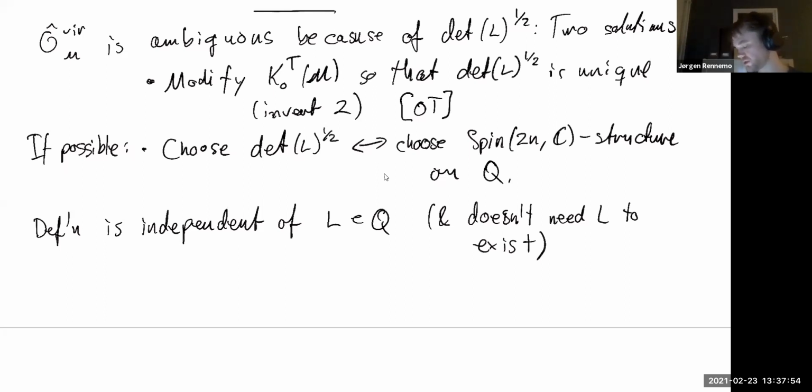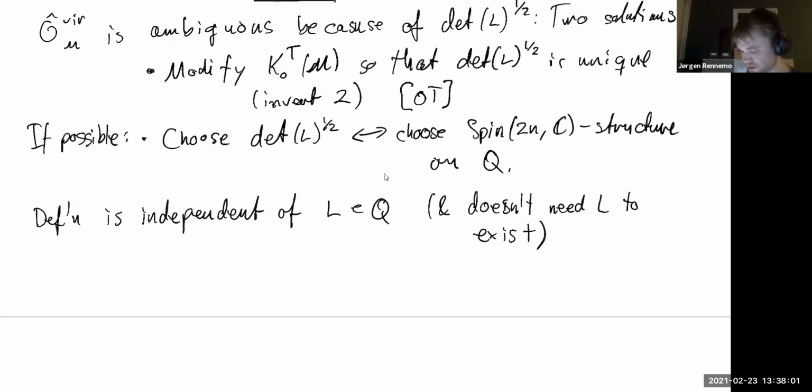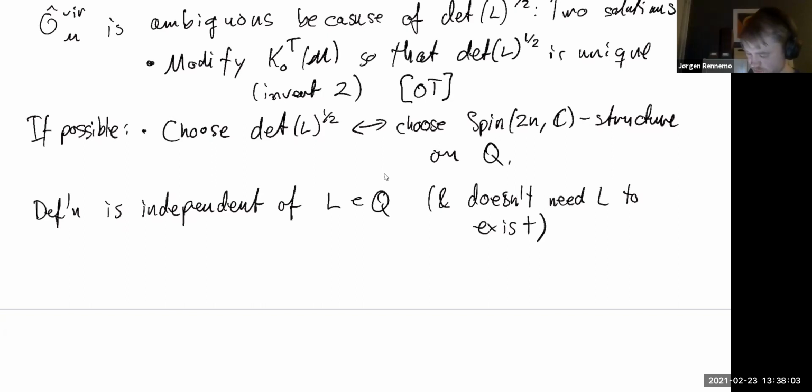So there are various ways of showing that. If you have a spin structure, you can write down explicit formulas. Let me just say this.